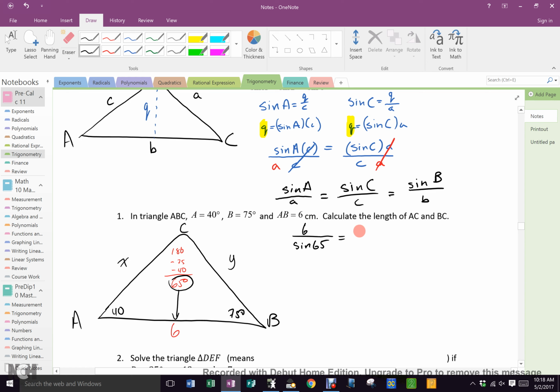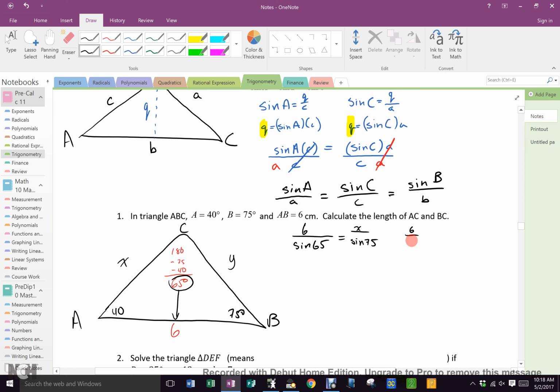So what is this first one going to be? No. What do I write? X over sine 75. Why is it 75? Because that's what's across from X. Agreed?